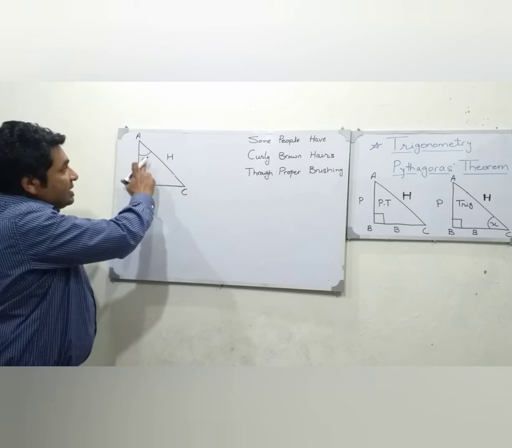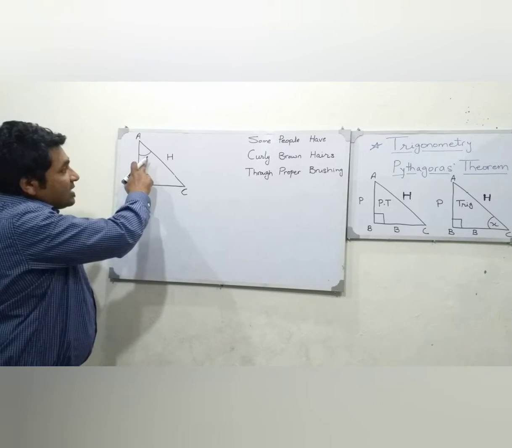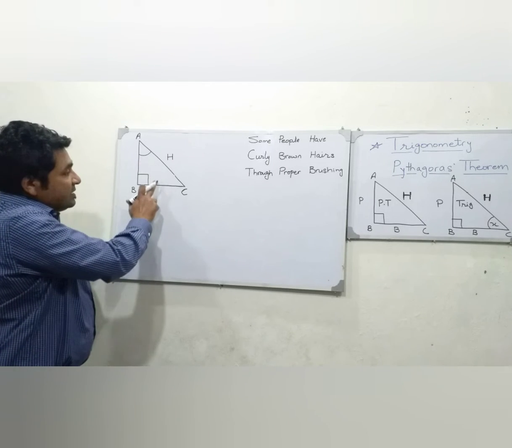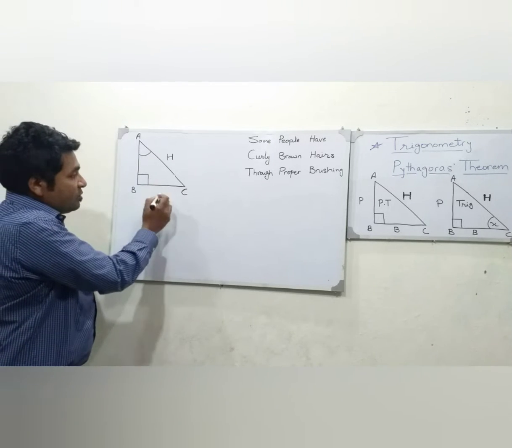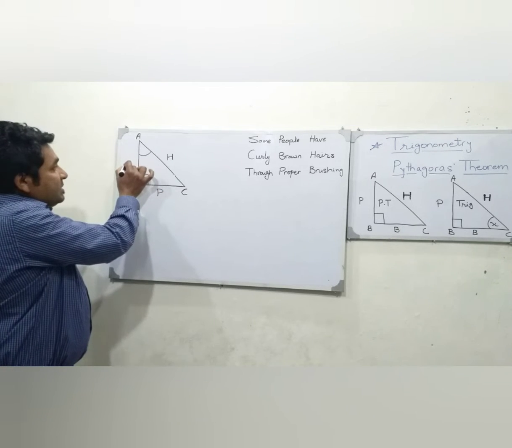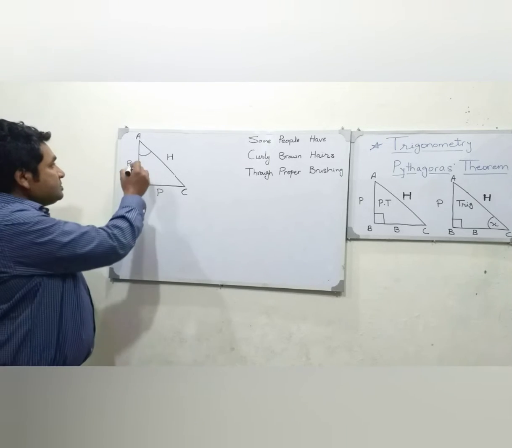This angle defines that this side will be called perpendicular, and the remaining side will be called base. B stands for base.